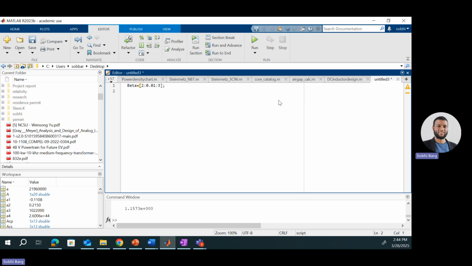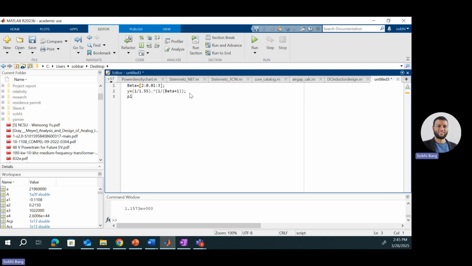And then my equation is 1 over 1.55 to the power of 1 over 1 over beta plus 1. Yes, this is the equation.